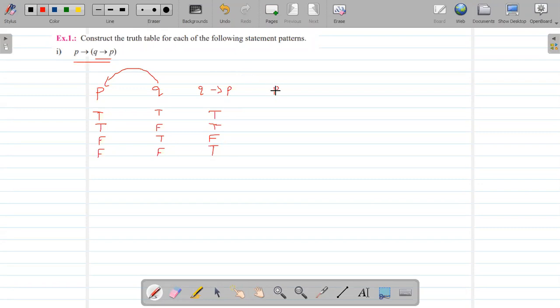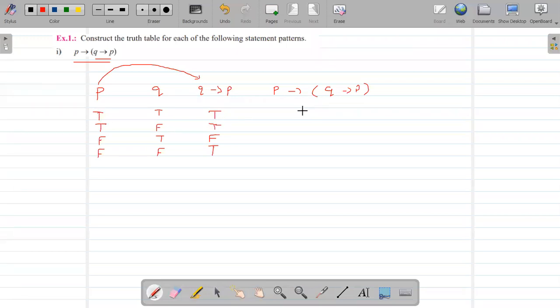So P implies the bracket part, Q implies P. So start with P implies Q. Let me erase this much. So it's going to be like this. P implies this part. So true, true.